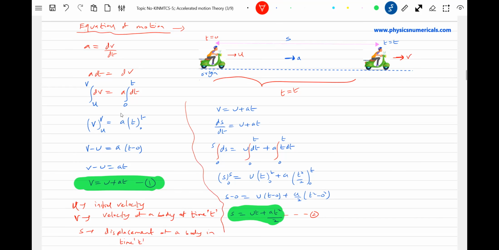Fine. Okay, the last one more equation we will search. So how this final velocity V, initial velocity U, acceleration A and displacement S, they are related. So let's try to get one more relationship.